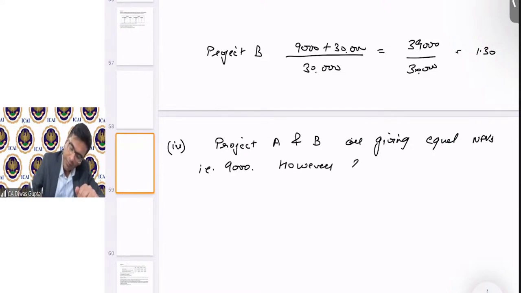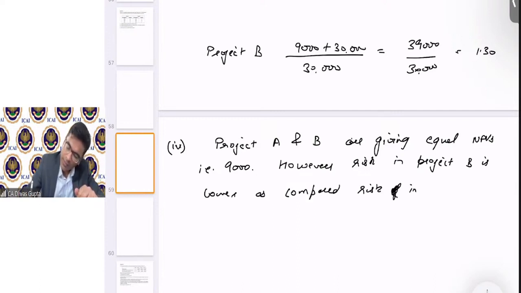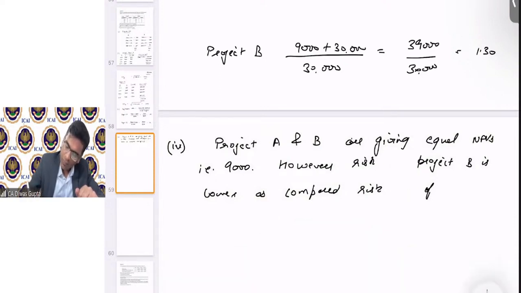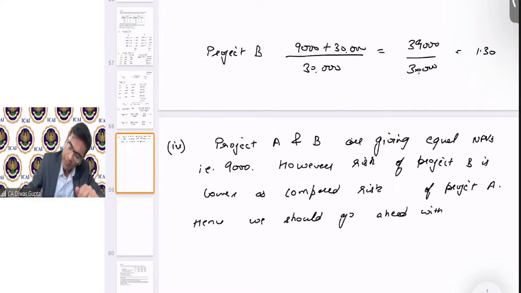However, risk in project B is lower as compared to risk in project A. Risk of project B is lower as compared to risk of project A. Okay. Hence, we should go ahead with project B.